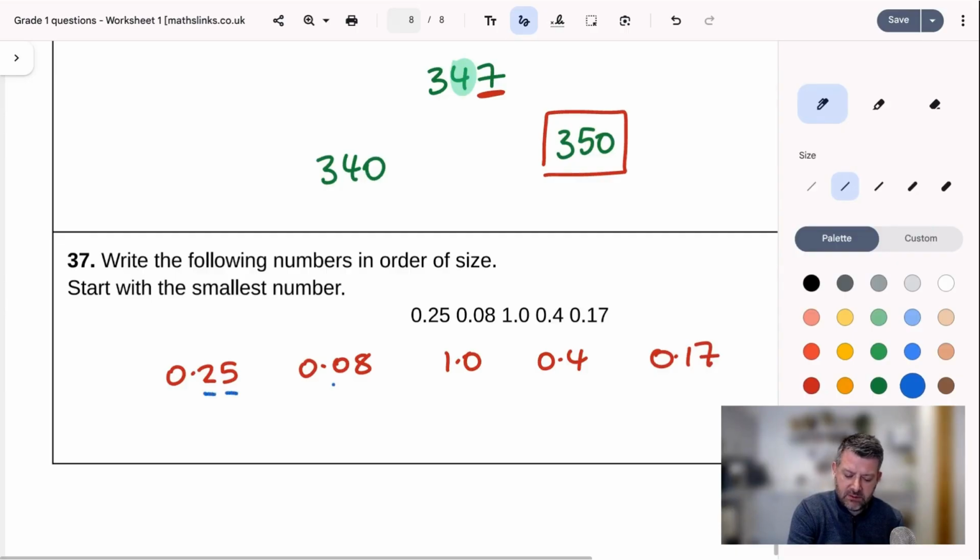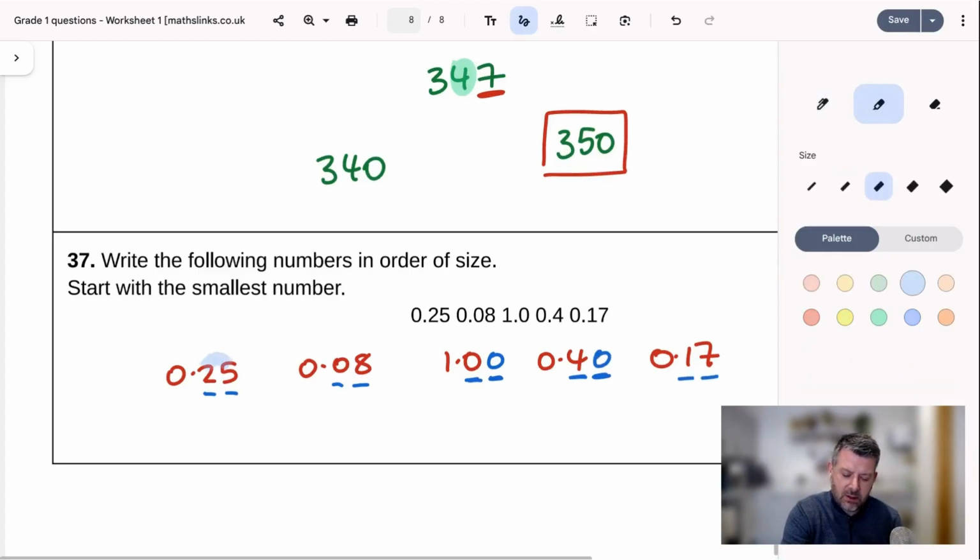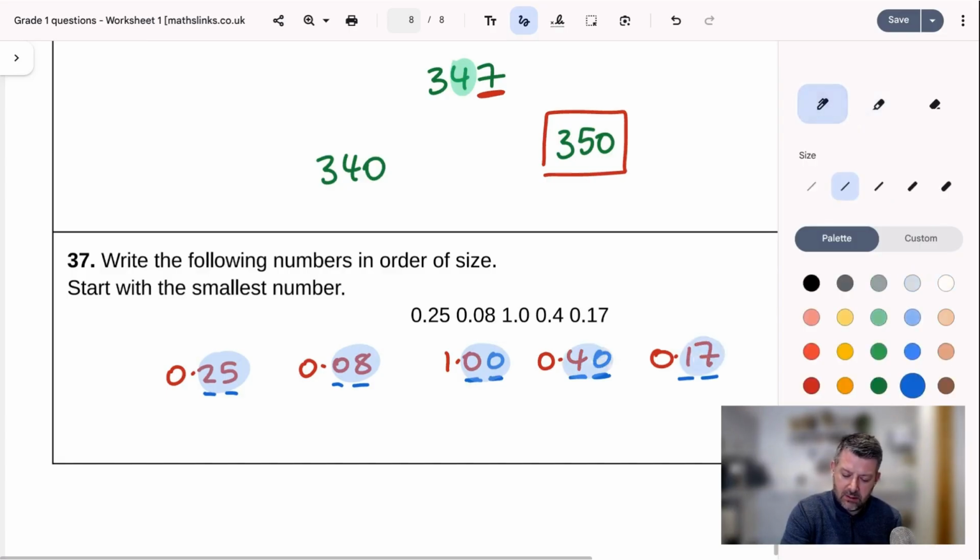Most of these numbers have 2 decimal places, so I'm going to make them all have 2 decimal places. You're allowed to do that. You can just add extra zeros in. What this does, it makes it a little bit easier to look at now because our brain will start seeing 2-digit numbers. And then hopefully it becomes clear that 0.08 is the smallest.